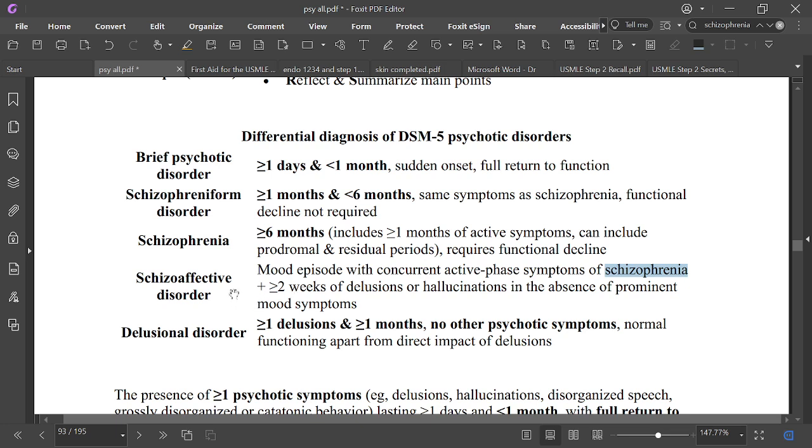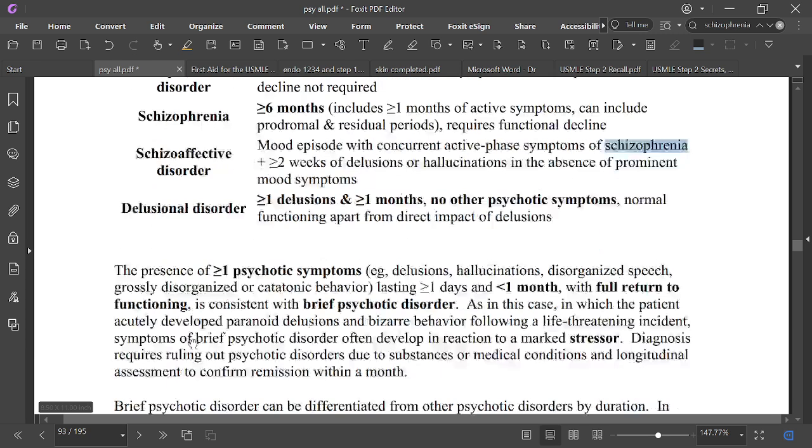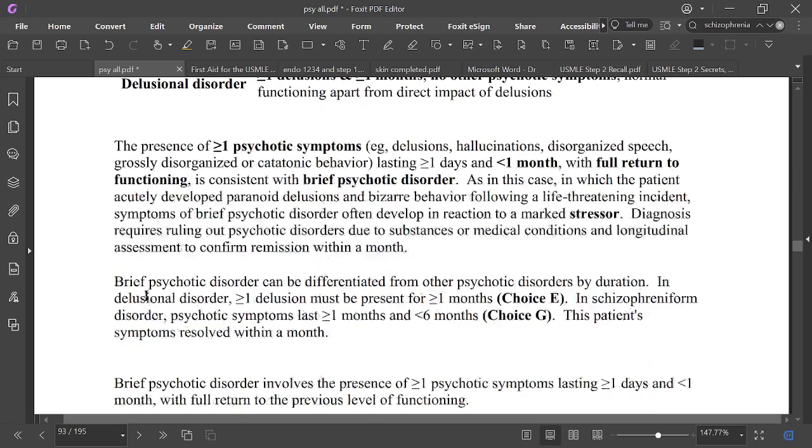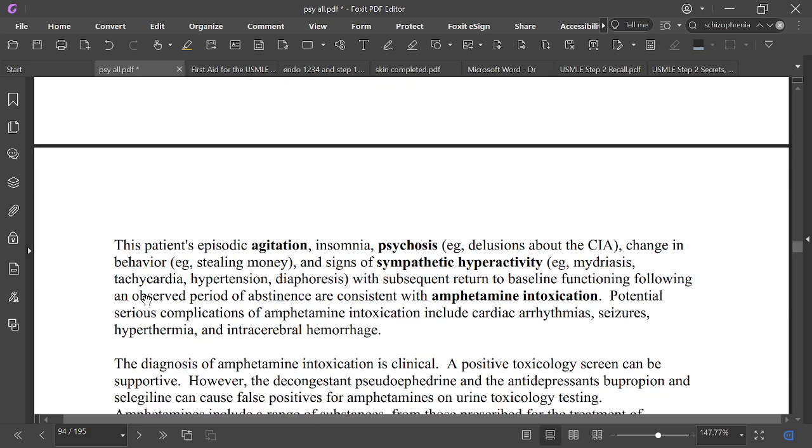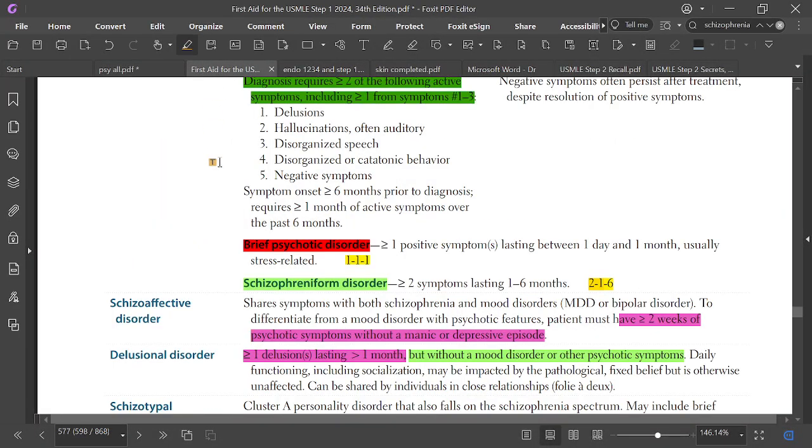This is schizoaffective disorder. So schizoaffective has 2 weeks of psychotic symptoms without manic or depressive symptoms.